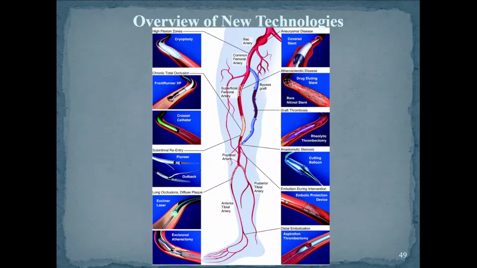Here you can see the different variants of endovascular surgery. Cryoplasty, covered stent insertion, Nitinol stent, the FrontRunner XP, which will remove the plaque, thrombectomy using different balloons, subintimal re-entry, so formation of new vessels from inside of their wall.